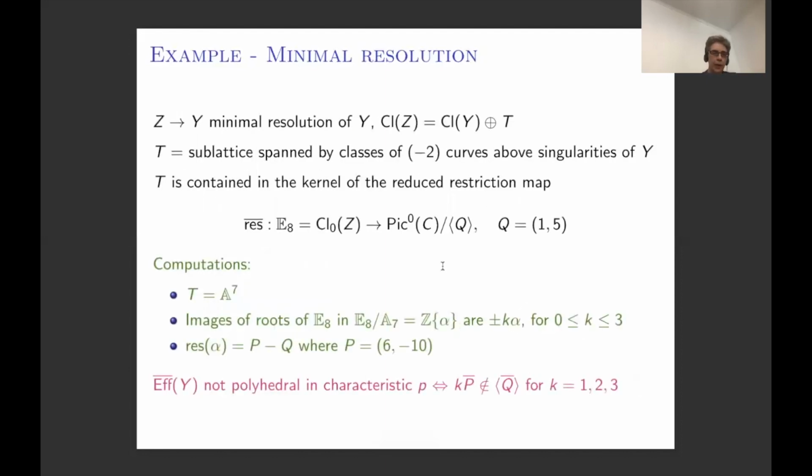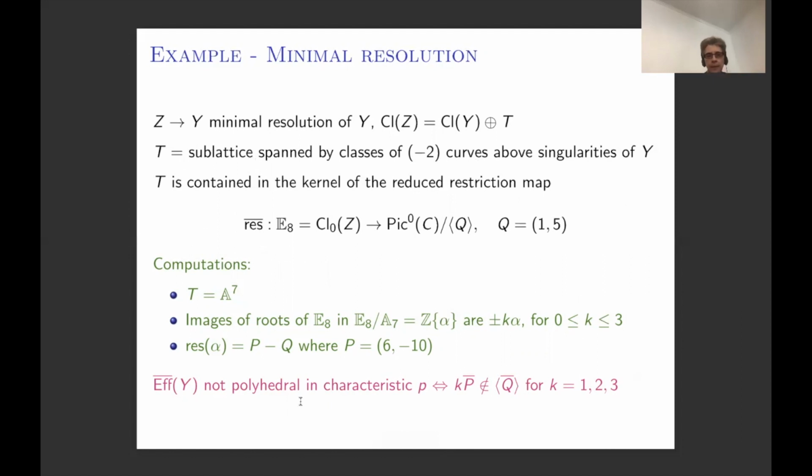And then we are trying to find if there are enough -2 curves in the kernel of our reduced restriction map. And we notice that the sublattice of classes of -2 curves above the singularities of Y are automatically contained in this kernel.